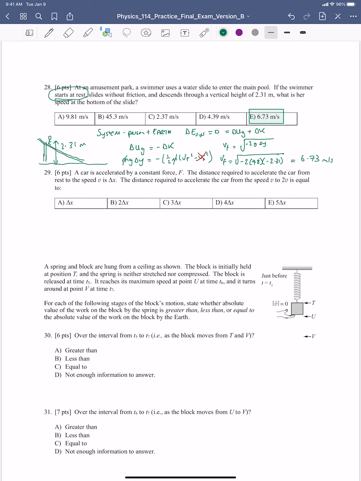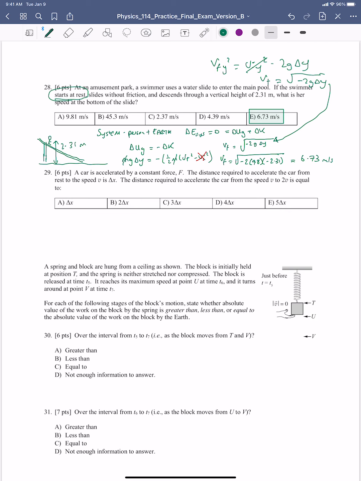So you can almost see that the equation boils down to, if you do the energy expressions, vfy squared equals viy squared minus 2g delta y, and the person starts out from rest, so vf is the square root of negative 2g delta y, which is the same expression we have here. Just making sure you account for that delta y. Okay, hopefully that's okay for question 28.